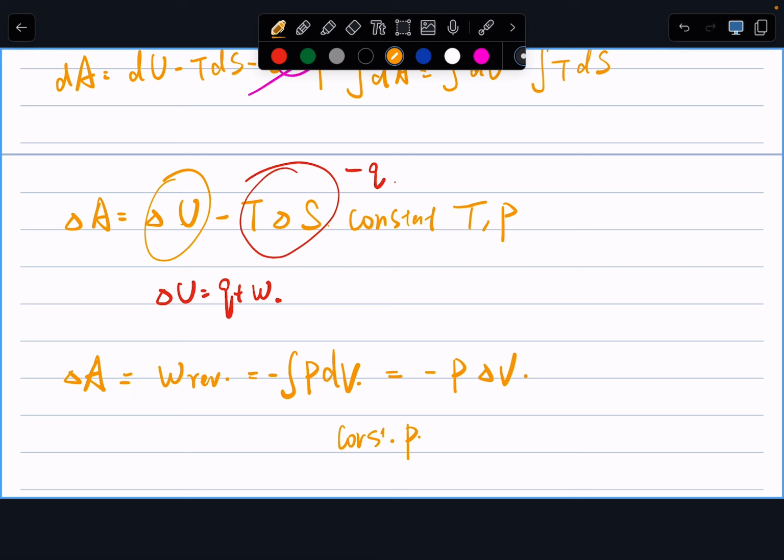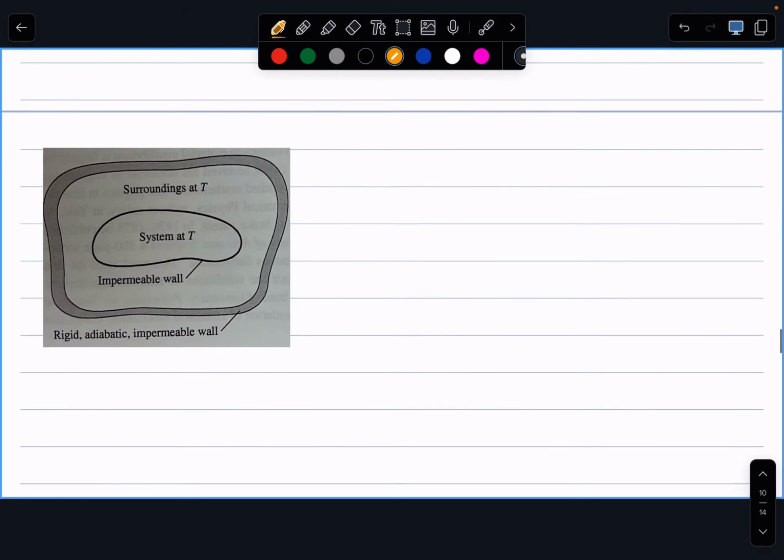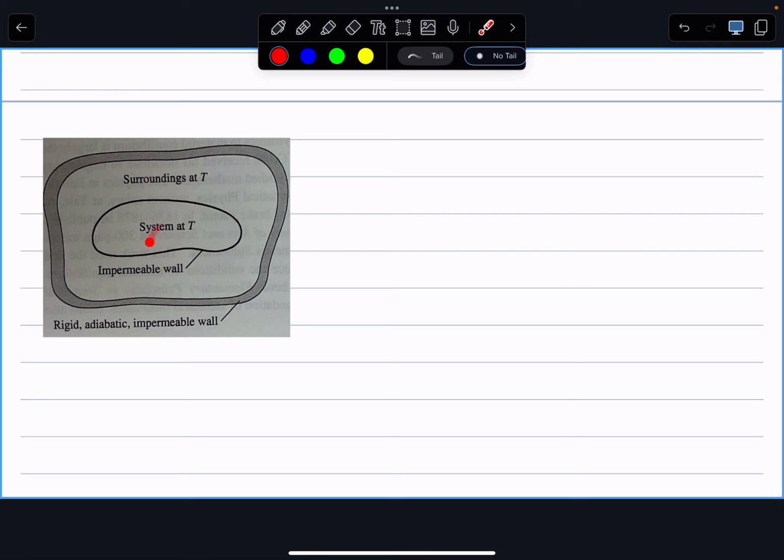All right. Now, before we move on, let's go back to our system, when there's a reaction taking place inside the system and the surroundings are at full equilibrium. And now let's link that with our definitions of the Gibbs free energy and Helmholtz energy. Now remember, what do we have?